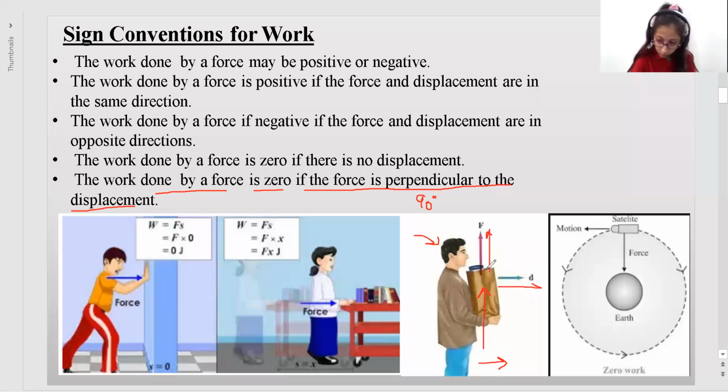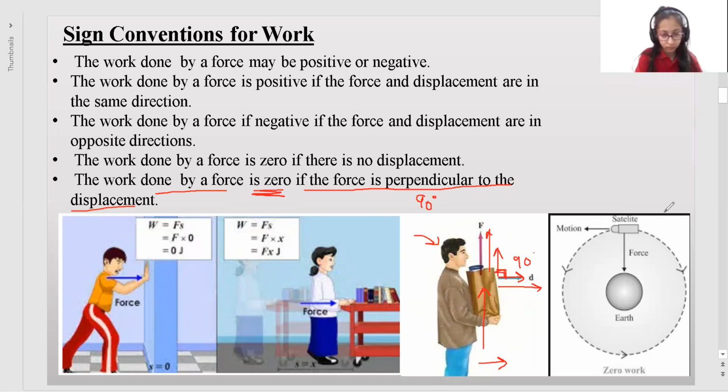Can you see the angle between these two? The force is acting upward and the direction of motion is horizontal, so the angle between them is 90 degrees. That means the force is perpendicular to the direction of motion. Understood? For such cases, the work done is considered 0.